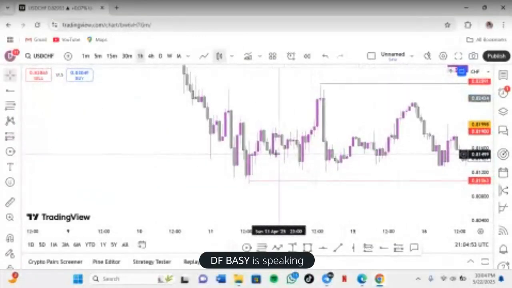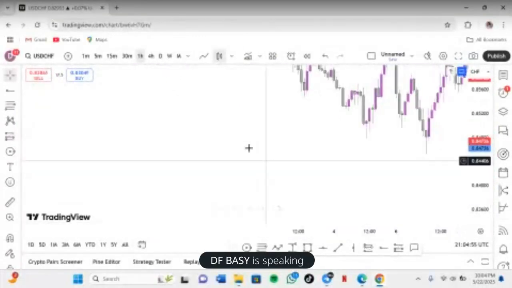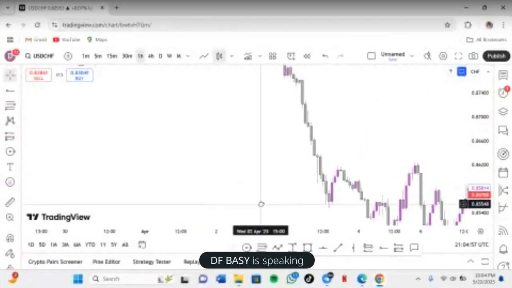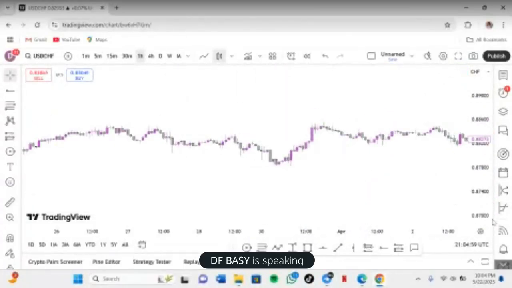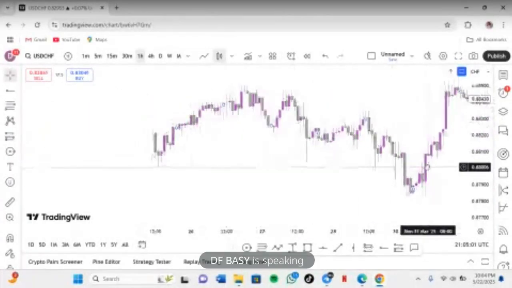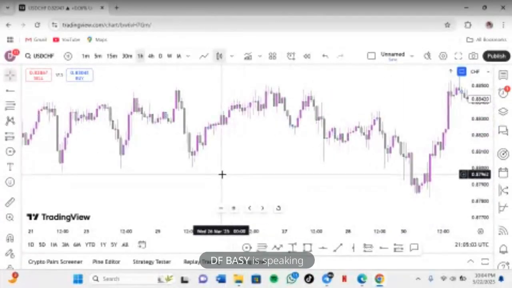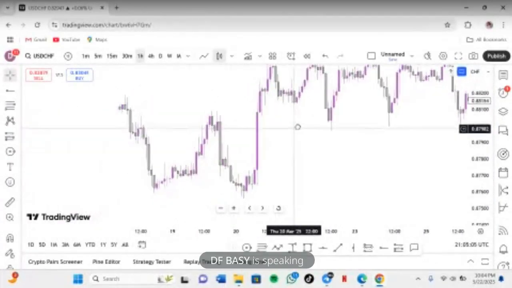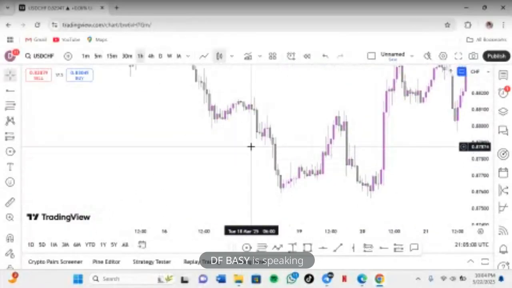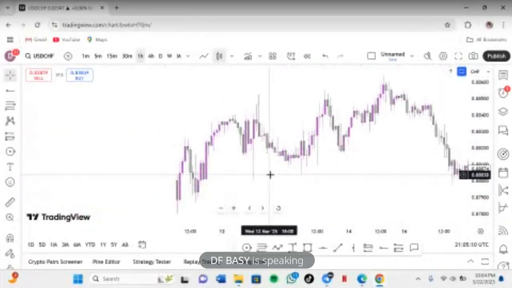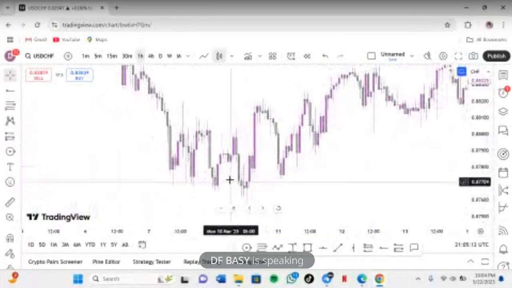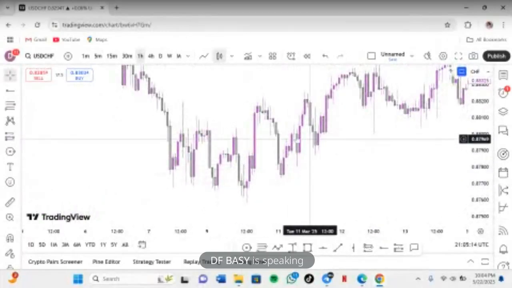So this is where I marked an evening star. I'm looking for that guy. Is he here? I think it should be around here. Oh, you see everywhere bullish engulfing, bearish engulfing.